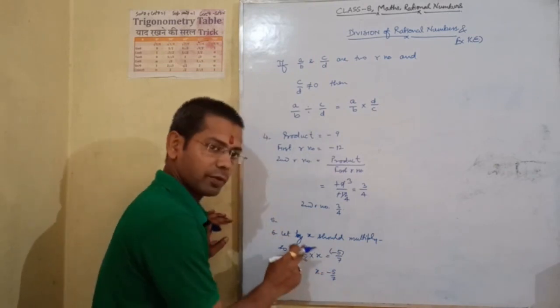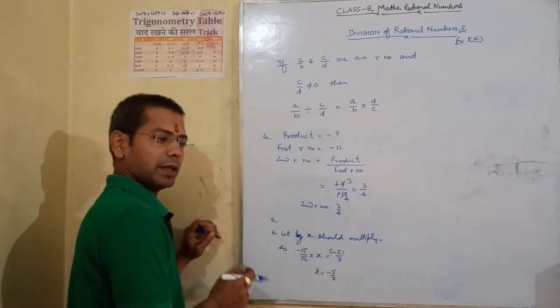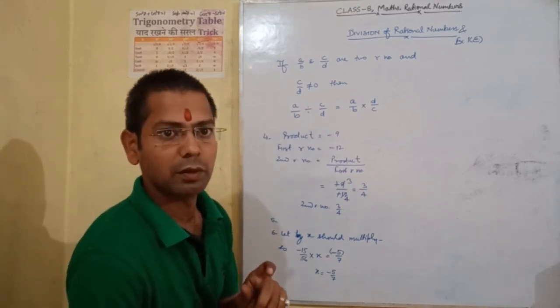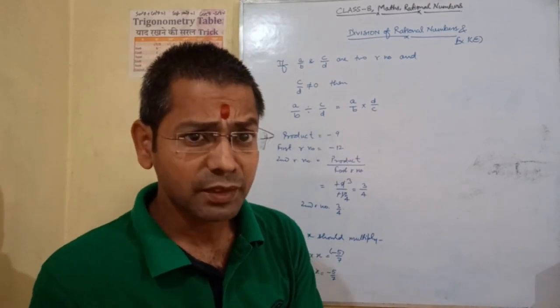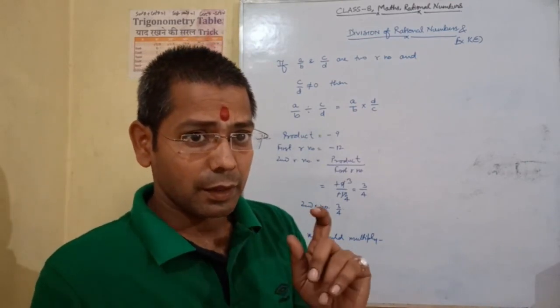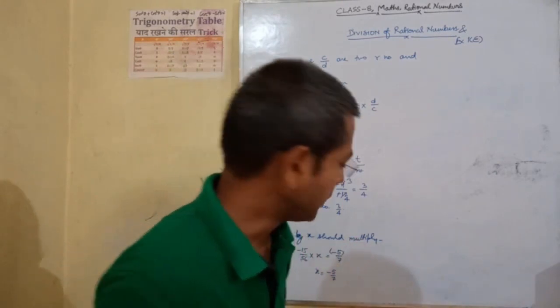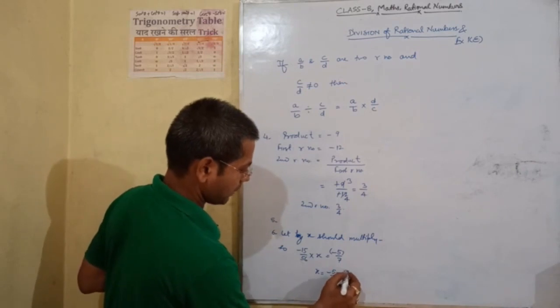This minus 15 upon 56 will go to the right side from the left side. By the rules of equations we studied in class 6 as well as class 7, the numerator changes to denominator and the denominator changes to numerator. So 56 will be in the numerator and the denominator will become minus 15.